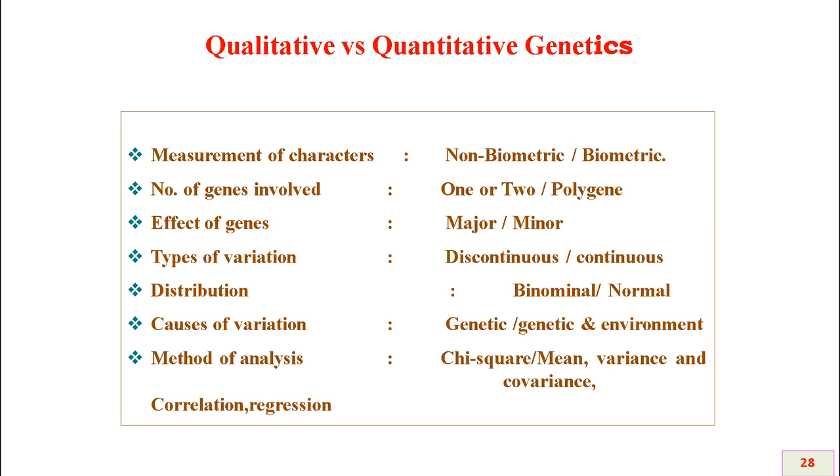The type of variation is discontinuous in qualitative, whereas in quantitative it is continuous, binomial, or normal. The cause of variation is more genetic in qualitative, and genetic and environmental in quantitative. The methods of analysis are correlation, chi-square, mean, variation, and covariance, and many more methods are available.